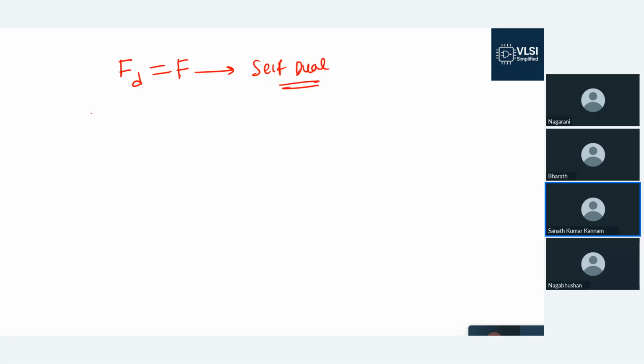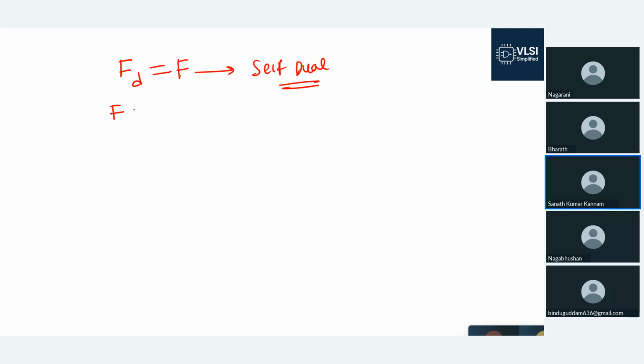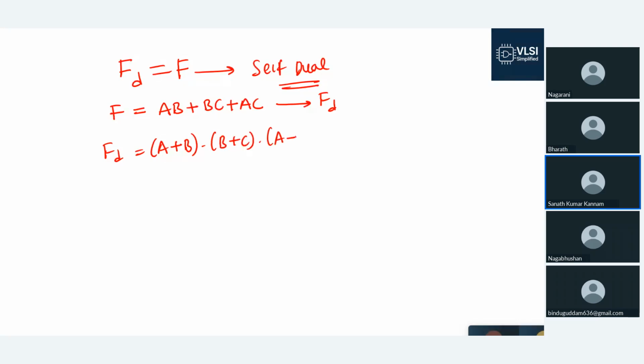Let us take one example, the same 2 out of 3 logic: AB or BC or AC. We need to find the self-dual, that is FD. If you apply FD, AND will change to OR and OR will change to AND, so we get A or B, B or C, and A or C. Next you can apply the distributive law.